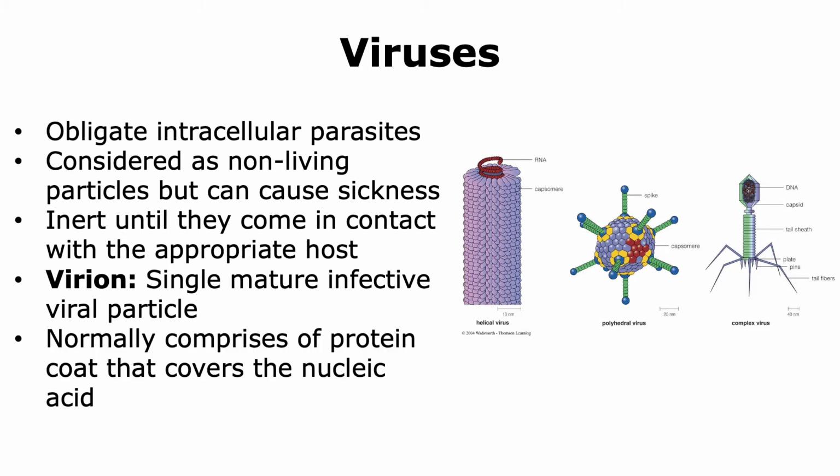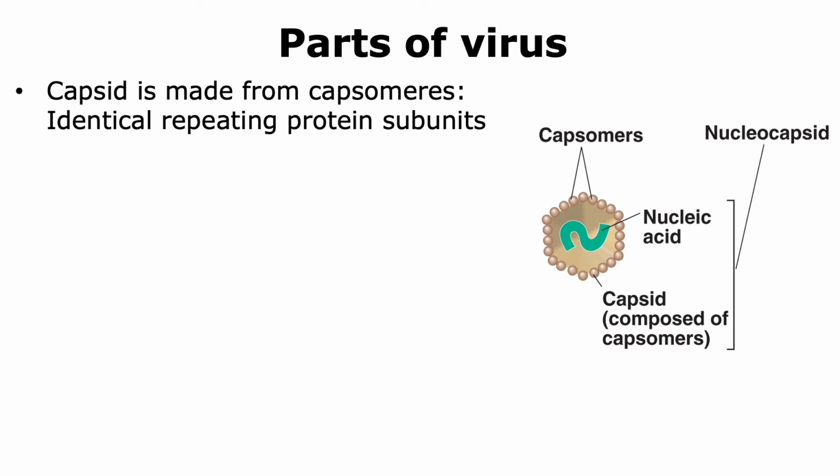Now, when we look at the composition of viruses, all viruses normally will have an outer protein coat, and the protein coat will cover the nucleic acid that is on the inside. Let us now look at the composition of a virus in a little more depth. So as we talked about, on the outer side, the viruses have a capsid, which is made up of protein.